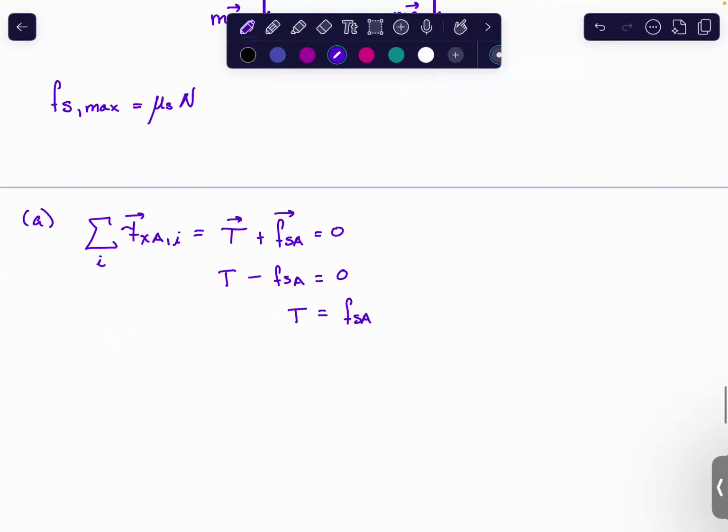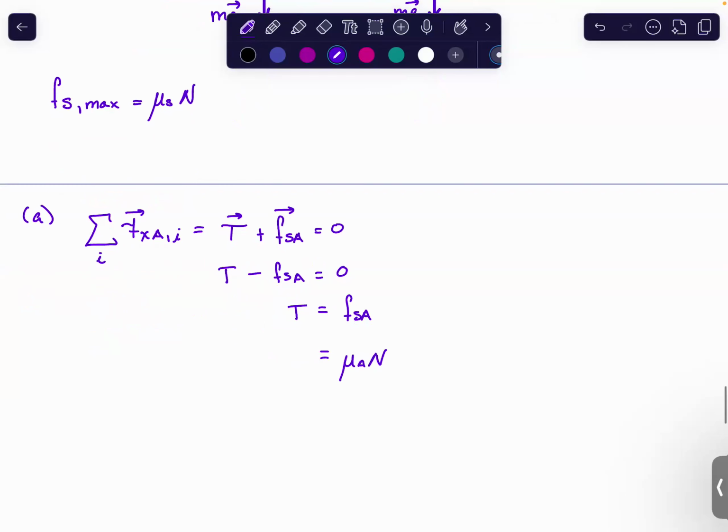Okay, now we're going to incorporate that maximum static friction: coefficient of friction of block A times the normal force. We don't know what the normal force is, but we can solve for it. So to solve for the normal force on block A, we want the sum of the forces, the net force in the y direction.